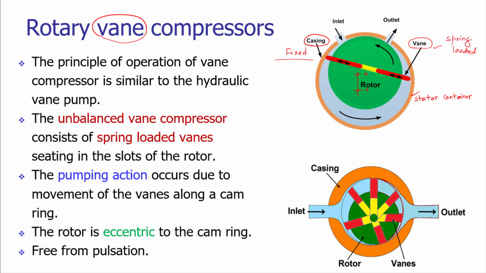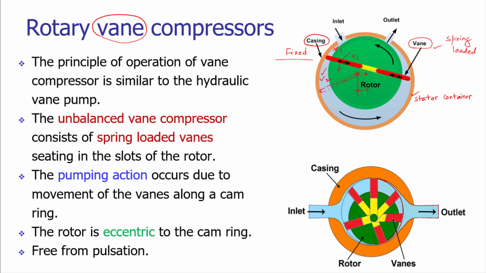So as you can see, as the rotor is rotating, this vane number 1, if it comes over here, the length of the vane is the same, but it will be pushed due to the spring force in outward direction. As it is moving in outward direction, there is generation of the volume here, there is increase of the volume here. You can see the volume V1 has been increased to volume V2.